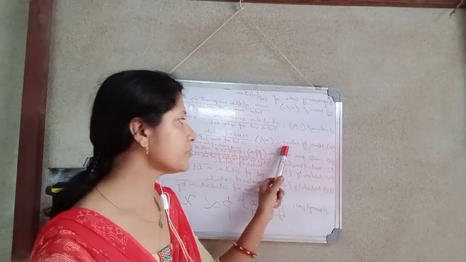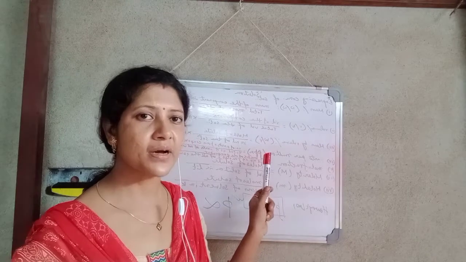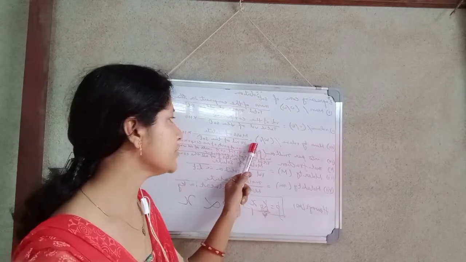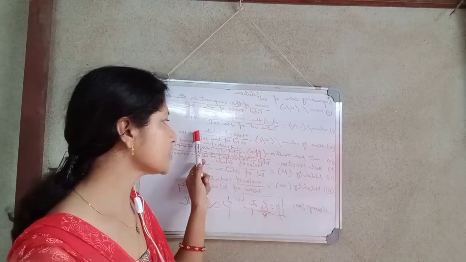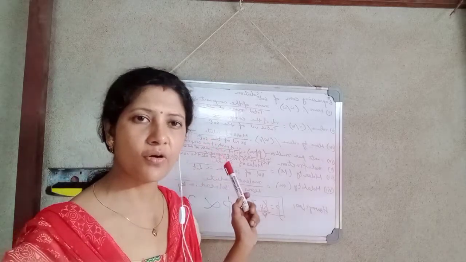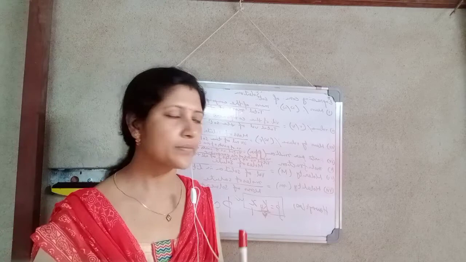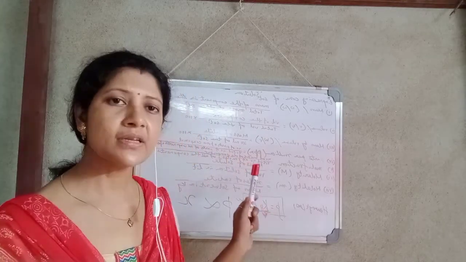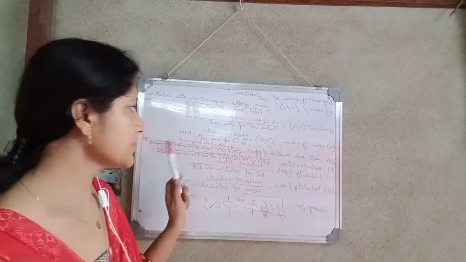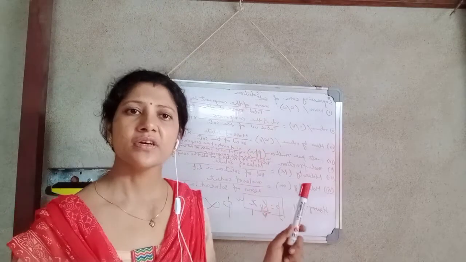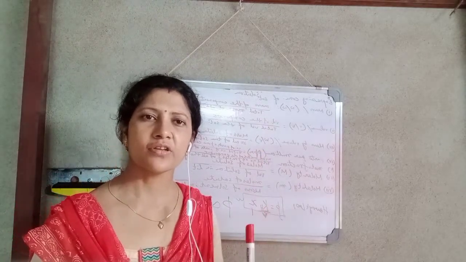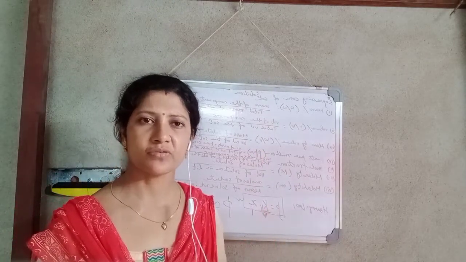Mass by volume percentage is expressed by W by V. That means mass of the solute by 100 ml of the solution into 100. Okay, and parts per million: this method is used when a trace amount of solute is dissolved in a large amount of solvent.